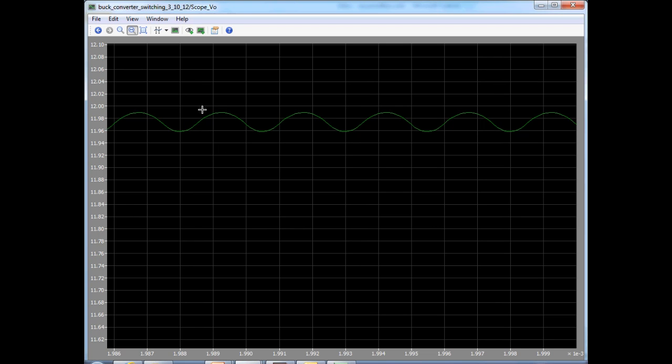So it's a triangular wave shape. Whereas here the ripple is dominated more by the capacitive impedance, because the ESR contributes only 1 milliohm times a peak to peak current of 1 ampere. It only gives a peak to peak ripple of 1 millivolt. Whereas the capacitive impedance contributes, as we can see from here, from about 11.96 to about 11.99, about 30 millivolts, and just 1 millivolt of that is due to the ESR component.